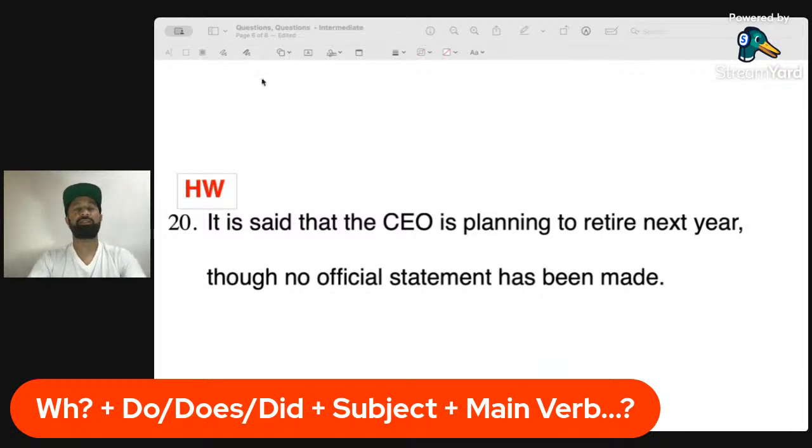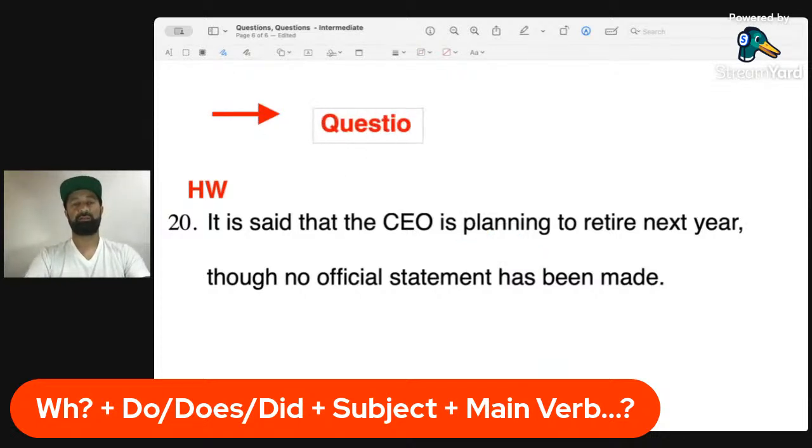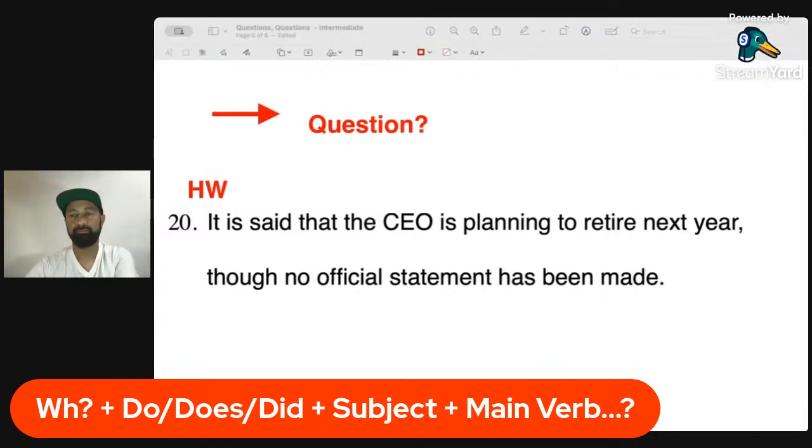What is the question? Your job here is to make the question. What's the question for this answer? This is the answer. What is the question? So do that for homework.